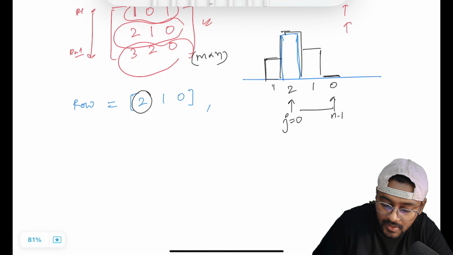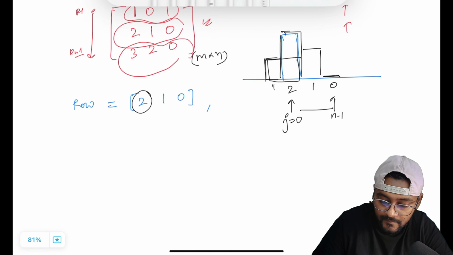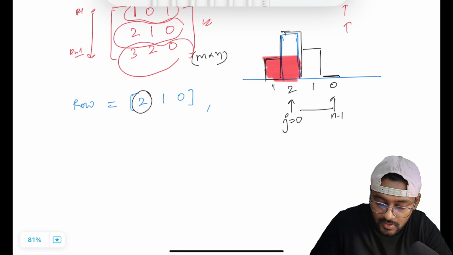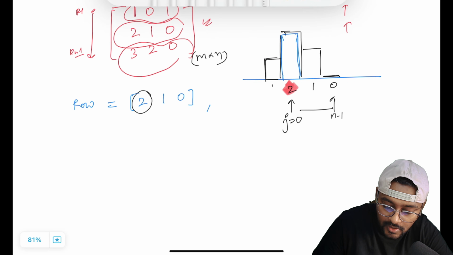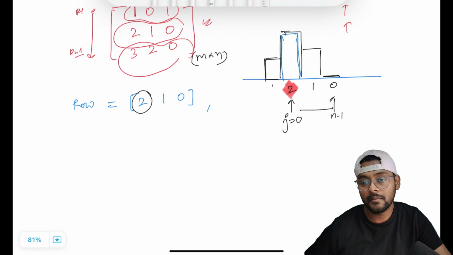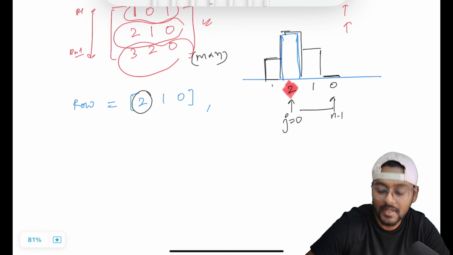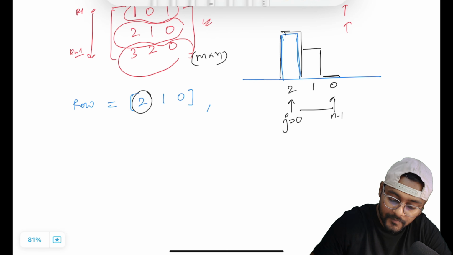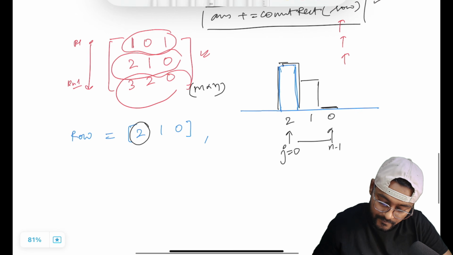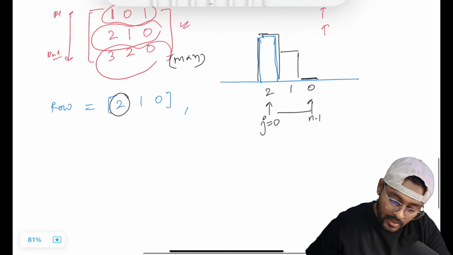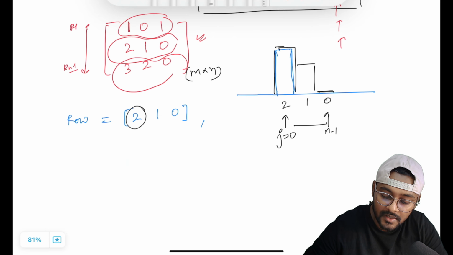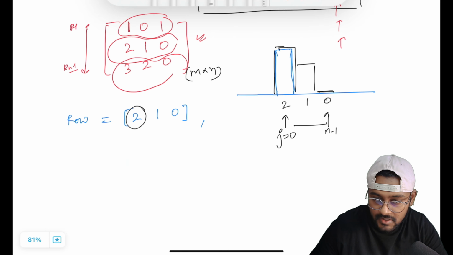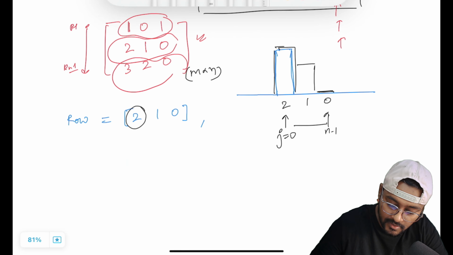There we can include this portion as well. Correct? So ending at this position, the maximum height I can have is 2, and that too with all the previous items. You will understand it once we run over different kinds of examples. So just stay with me, you will definitely understand it.